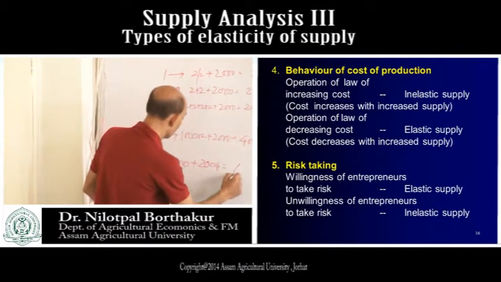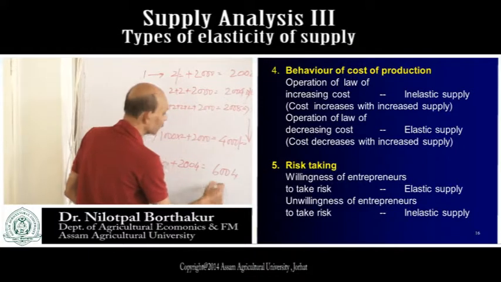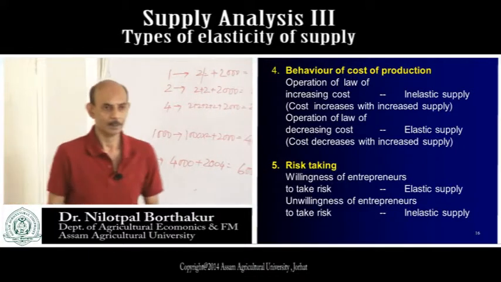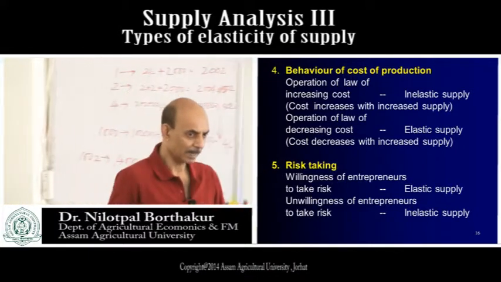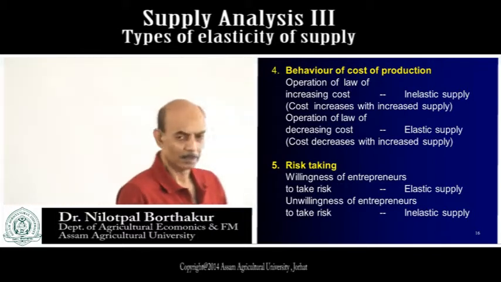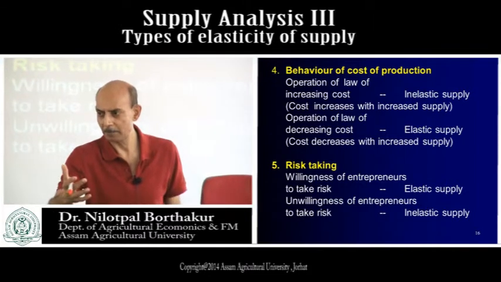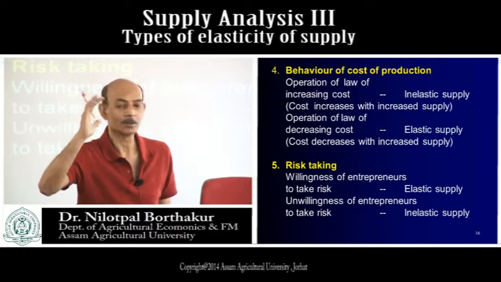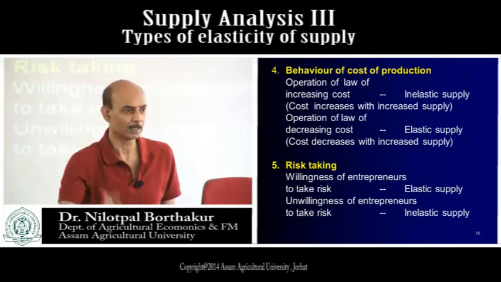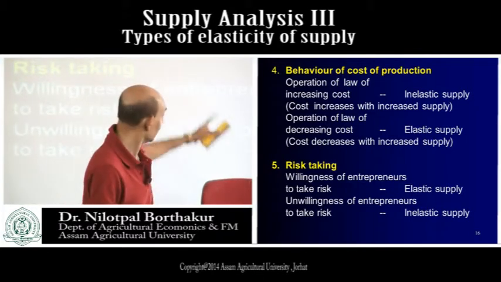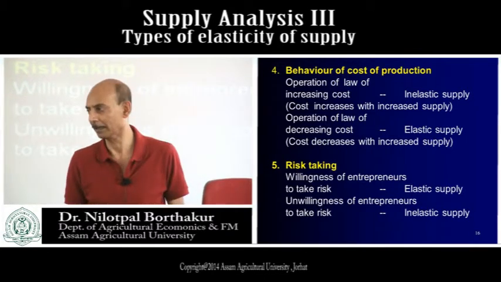This will become 6,004, right? If the next time he produces a small number of breads by running the oven one more time, his cost will gradually increase. So he may not go for that increased production. And in that case, this will be inelastic supply.